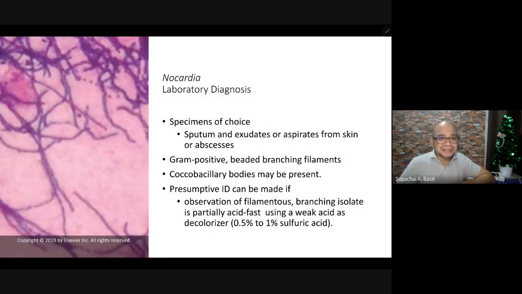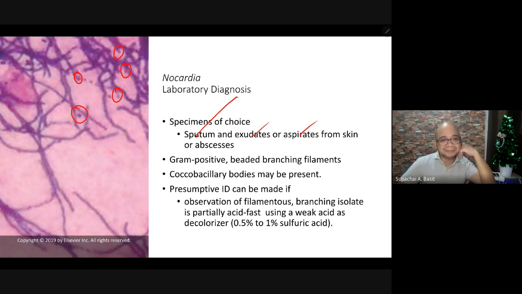The specimen of choice, if you're suspecting pulmonary infection, of course, would be sputum. But if you're suspecting cutaneous infection, they aspirate from skin or abscess. We'd expect the organisms to be gram-positive, beaded branching filaments. They are beaded. So this is an example of beads.